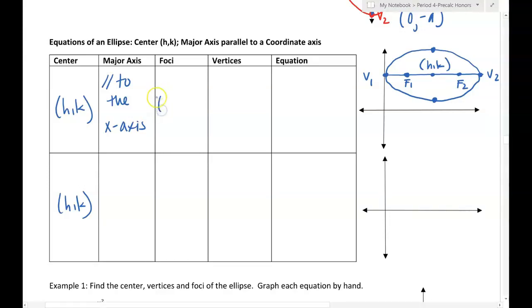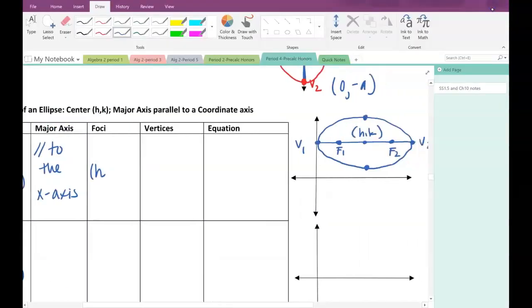So from the center, you're going to take the h, which is the x coordinate of the center. You will either add a c value, which let me label that for you. This is c, okay, or minus c to get to focus 1. So you add plus or minus c. Now the y value does not change from the center.